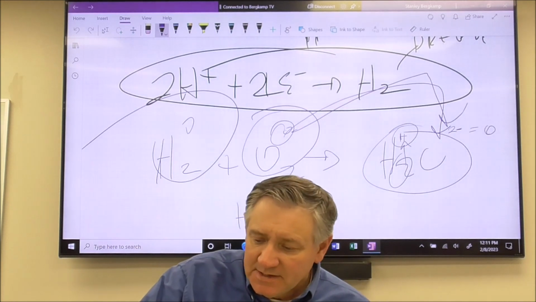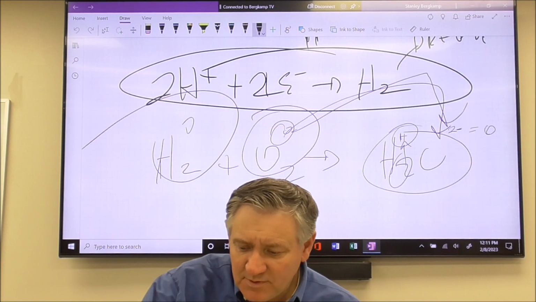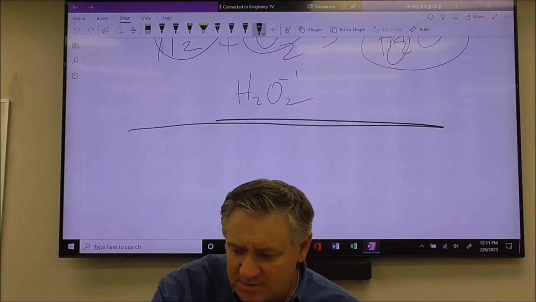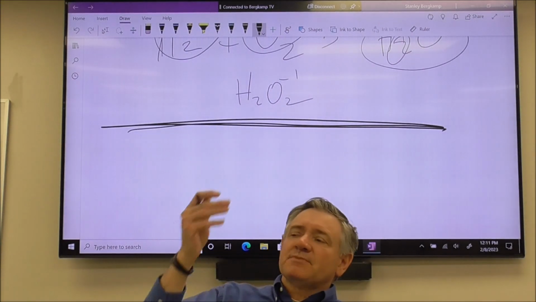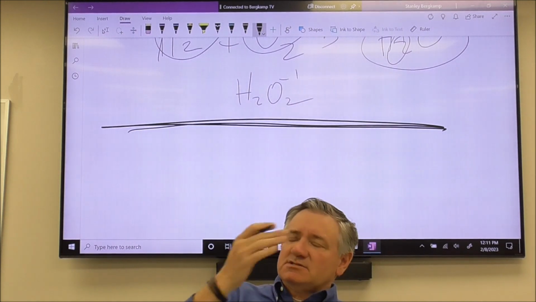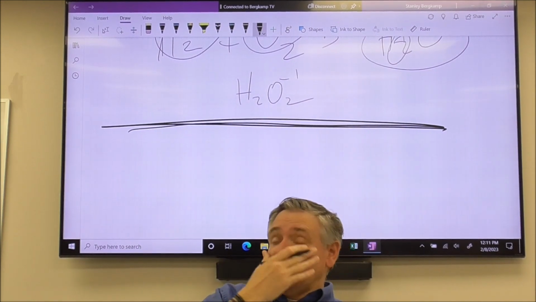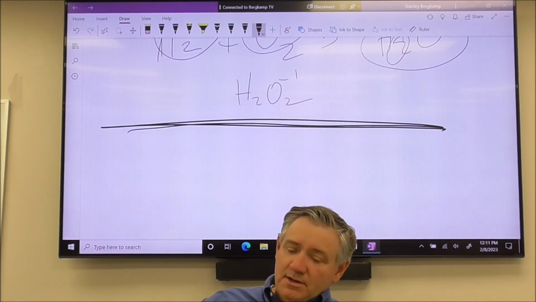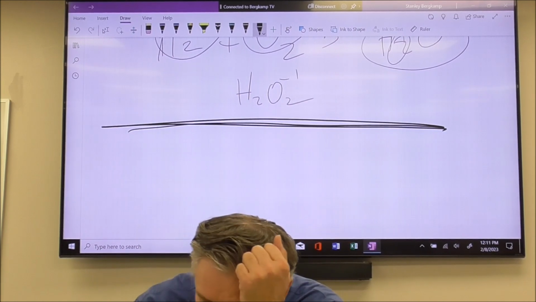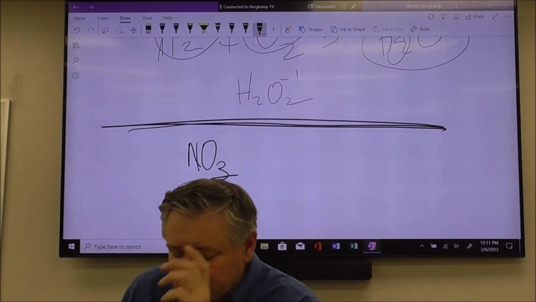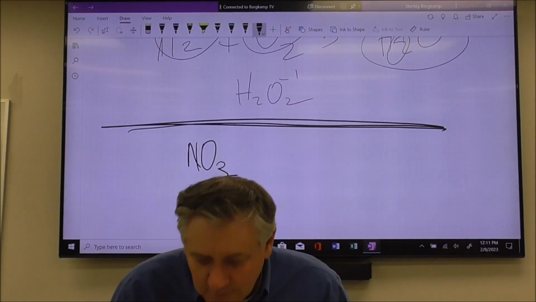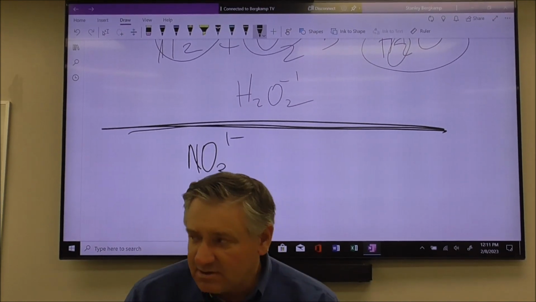Now, to do redox reactions, one of the most important skills you have to have is to be able to determine the oxidation states of atoms in compounds. So let me give you an example. Let's say we're going to deal with nitrates a lot. Nitrates overall have a charge of 1 minus.